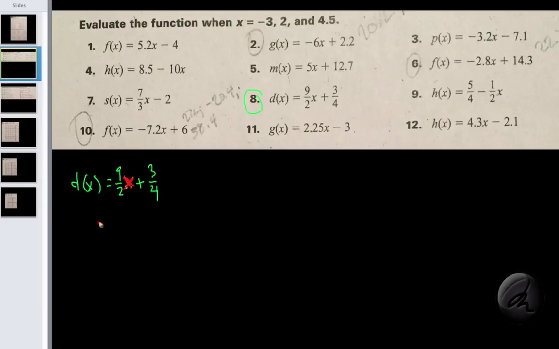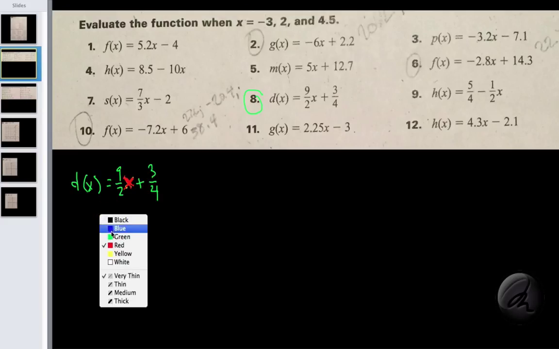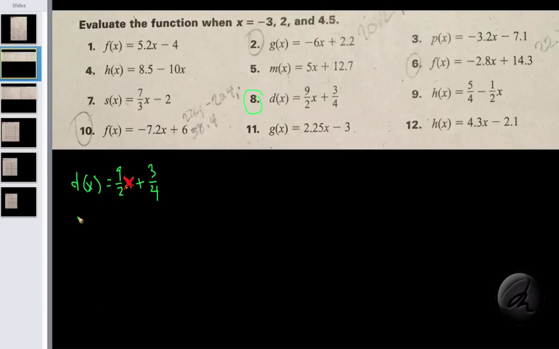The first one is d of -3. That would be 9 over 2, and replace my x with -3, times -3, and then plus 3/4.